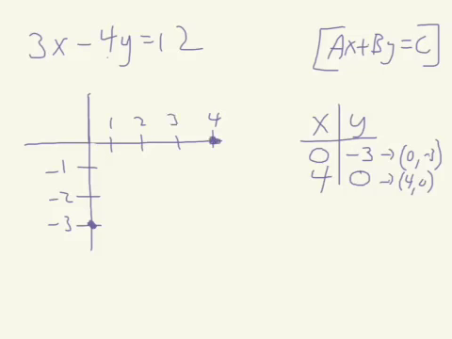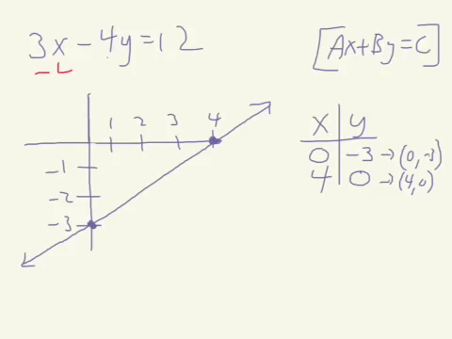And then you only need 2 points to be enough for a line, so connect the dots. Make your line extend out so it kind of goes through the entire region. You're done.